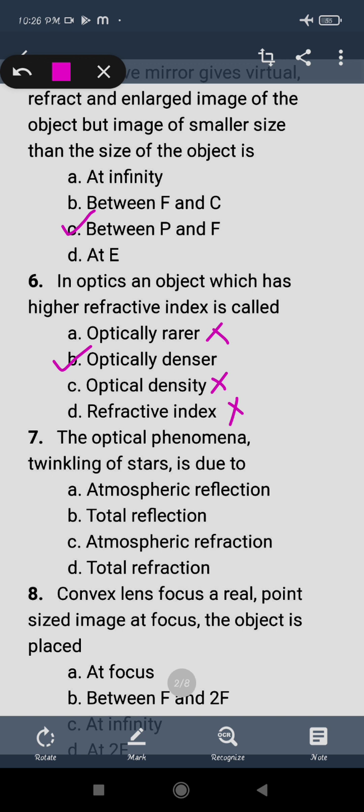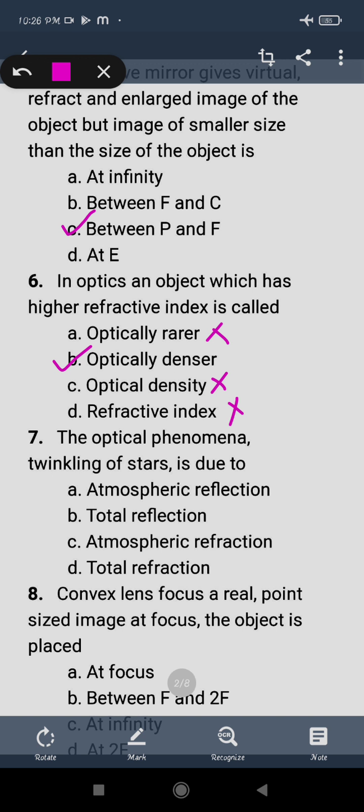That is, it moves from denser to rarer mediums, and from hotter to cooler air, and it enters our eye, due to which there is a wavering and fluctuation of the light rays. Due to this, the position we are seeing is not the actual position of the star, it is the apparent position.